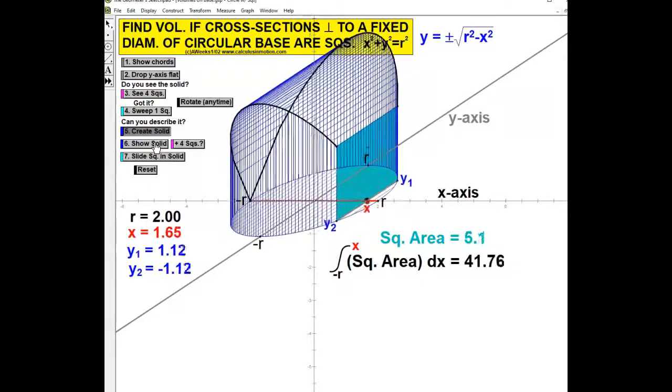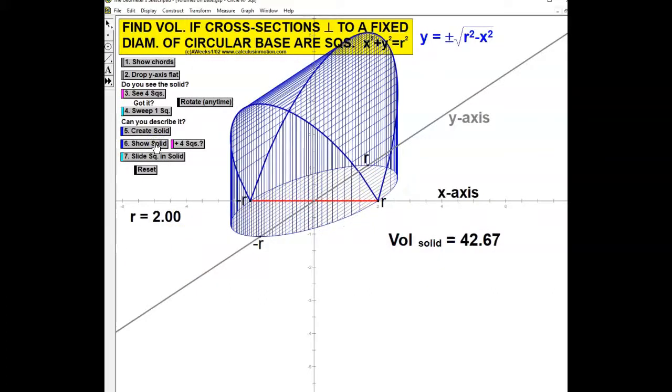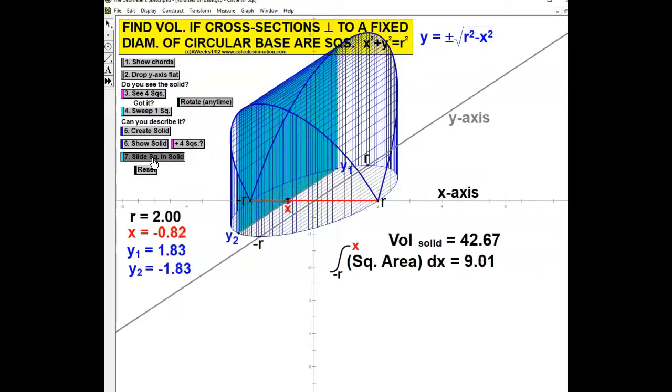And it's going to kind of shoot through and start over again. So then I'm just going to switch to, there it is. Okay, and we can slide a square inside of it to show. So that's the skeleton, kind of the shell of it, and then that's the squares going across to show you what they look like.